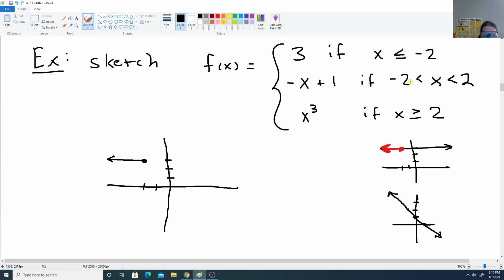So when I input -2 with an open circle, negative -2 becomes +2, plus 1 becomes 3. So when I'm at x equals -2, I have an open circle here at 3. Should note that open circle -2, 3, that's the same place where the closed circle here is. So the closed circle will fill in the open circle when we go to draw it.